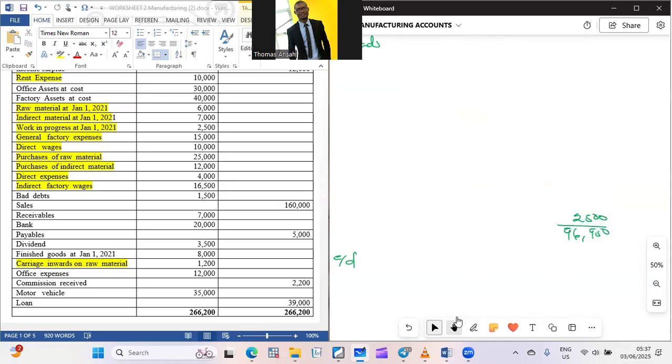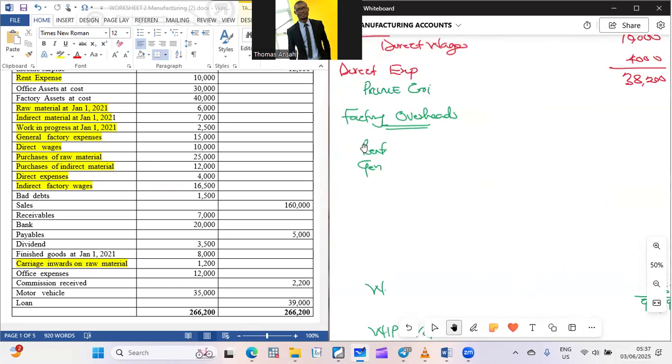I could just subtract it, but let me do it the way will make sense to you. So start like this. So indirect material. So we start with the indirect material. We have opening stock.